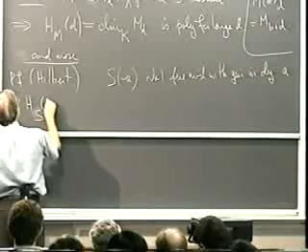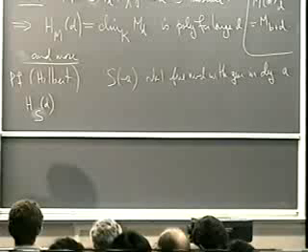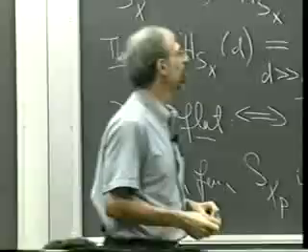Hilbert function of S of D. All right, so how many monomials are there in degree D in a polynomial ring with R plus 1 variables?